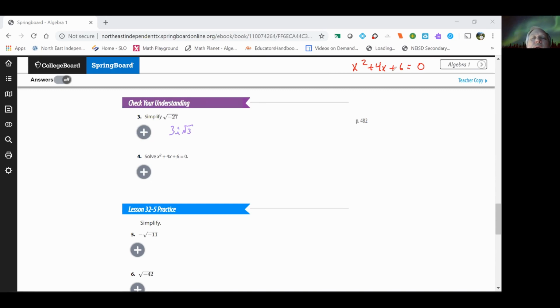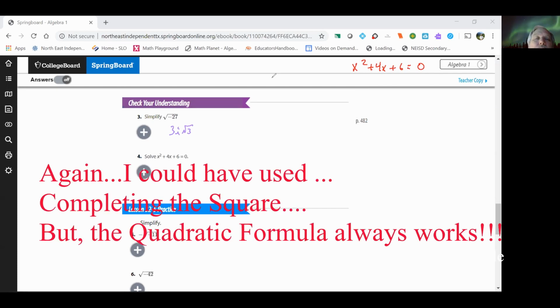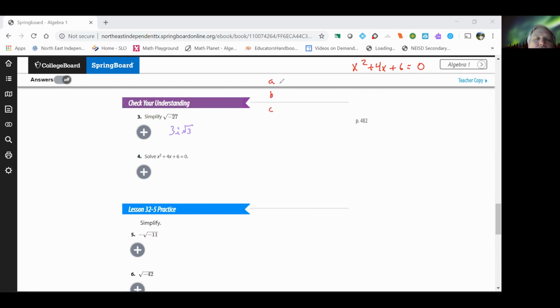So we're going to go ahead and use the quadratic formula. So it's going to be a, b, c. A is 1, b is 4, c is 6. And we'll go ahead and plug it in. It's going to be x is equal to negative b plus or minus the square root of b squared minus 4ac, all that over 2a.